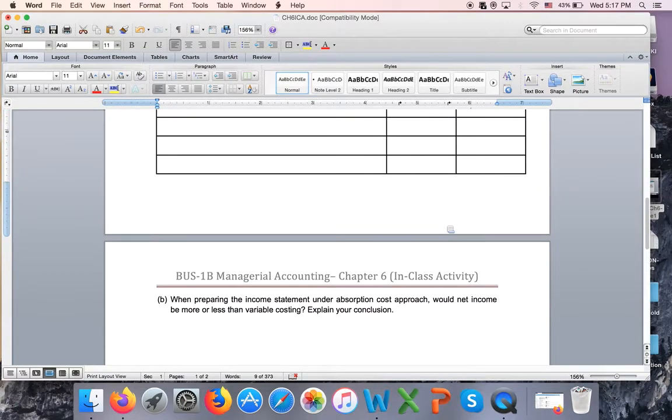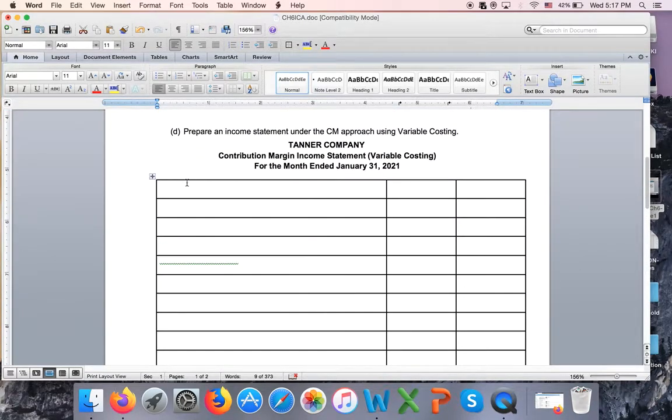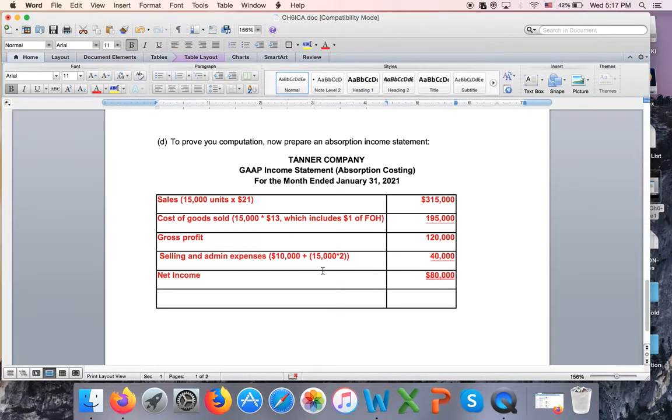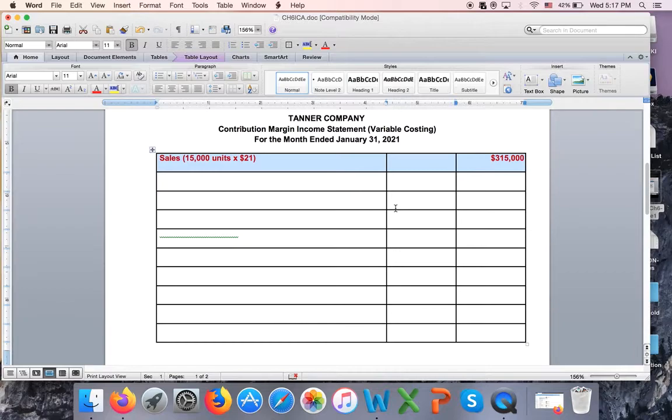So let's take a look at variable costing. My sales will be the same as before, $315,000. I'm going to deduct only variable expenses. I want to remind you, sales minus variable costs equals contribution margin, minus fixed costs. So let's deduct variable costs. We have two types. You don't have to subdivide them like that, but we have variable manufacturing costs.